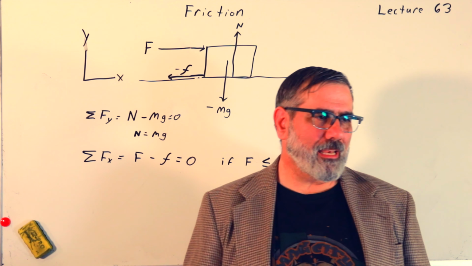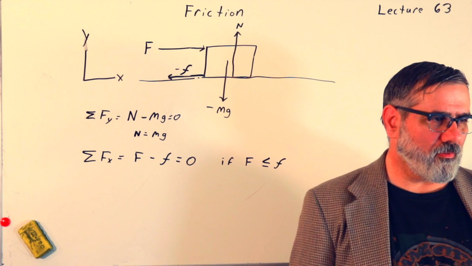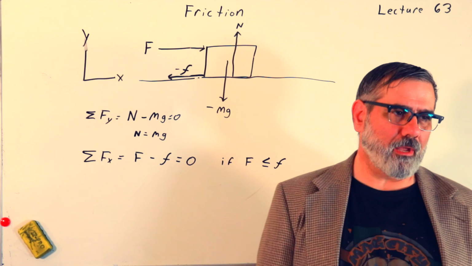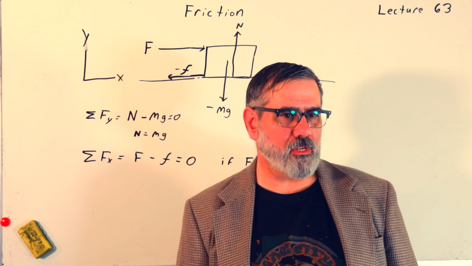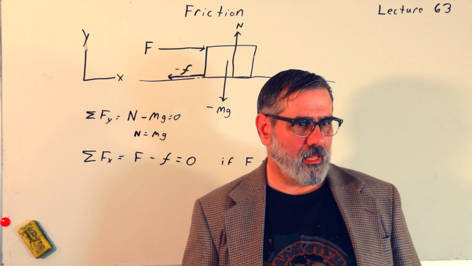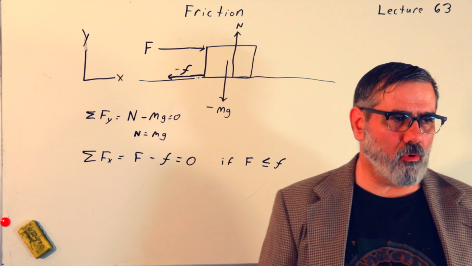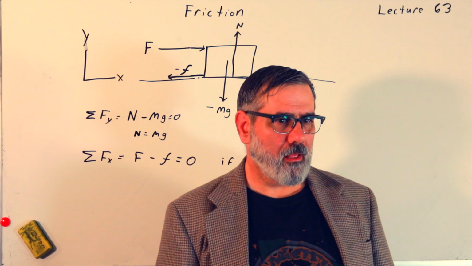If you just looked at this blindly, you'd say, well, if F is less than little f, then it must be accelerating in the negative direction, because that means that the little f is bigger, and so we have minus f equals m times a, the acceleration in the x direction, right? But that's not the way this force works, okay? It's like it turns on, and it will match whatever force you apply up to some point, and then things are going to change.